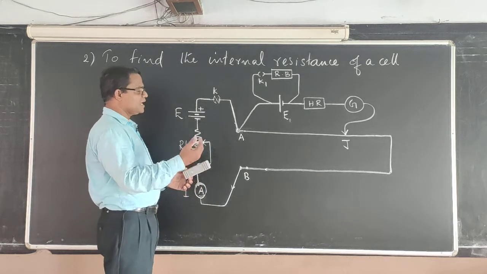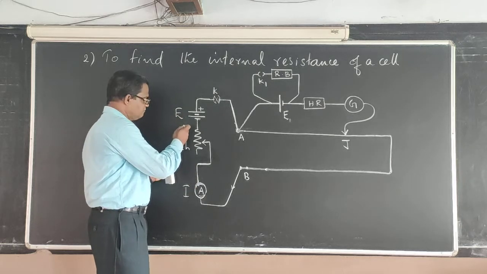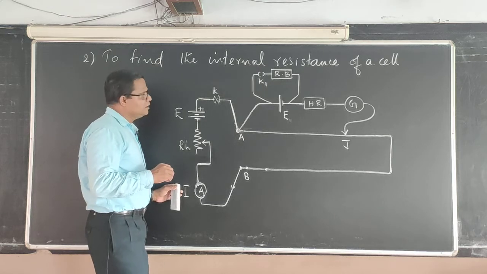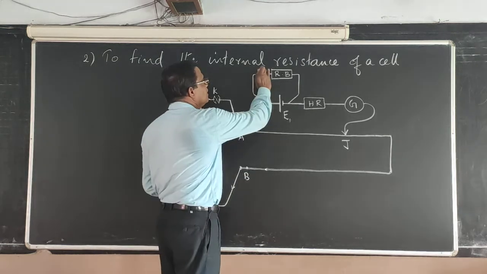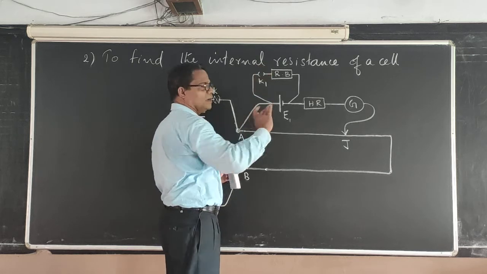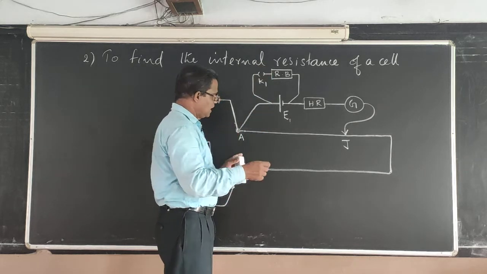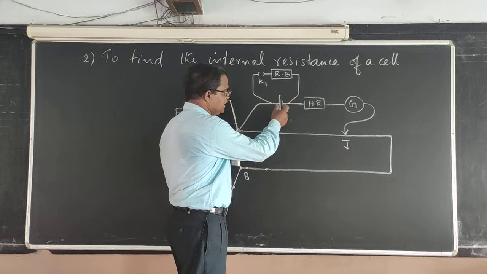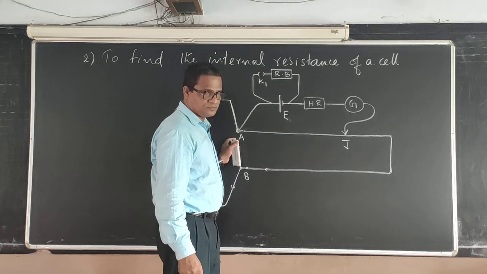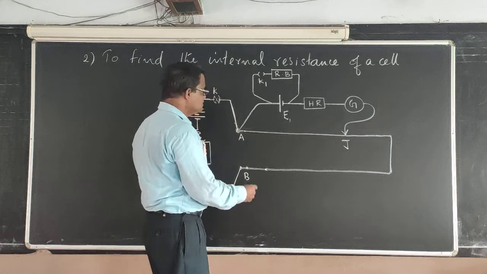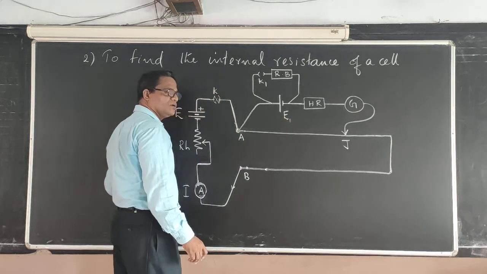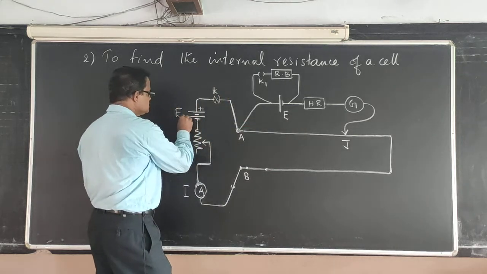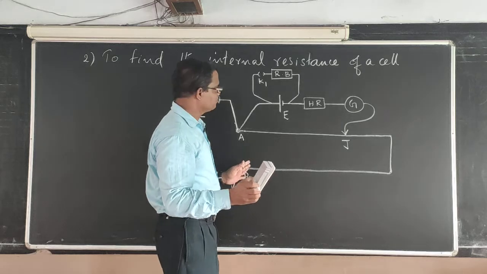Okay. Now to start the experiment, I fix the value of current here, a definite value of current. For that current, keeping this key open, I measure the balancing length for the EMF E1. Let it be E, and this you take as E1, for the time being.